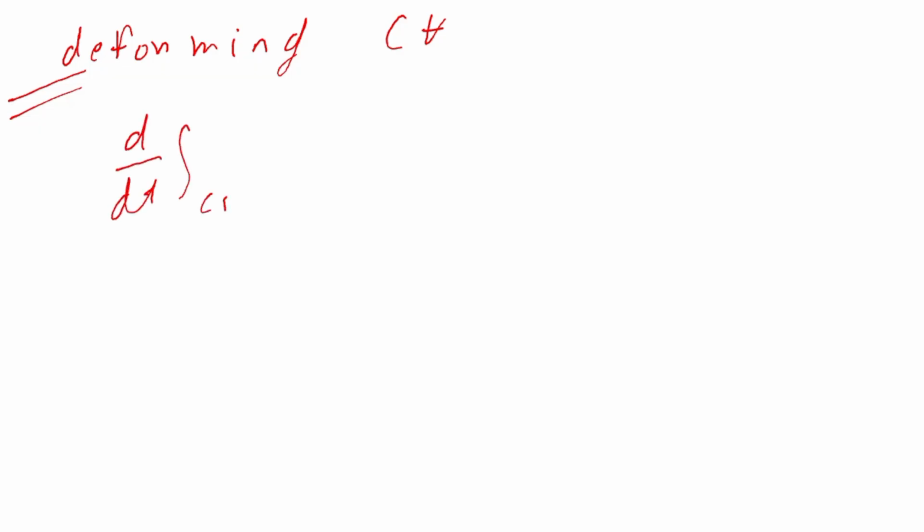Okay, so now if you want to write the mass conservation for a deforming control volume, in this case you have to ensure that the time derivative is outside, and then you are taking the integral of ρ times dV plus the flux.